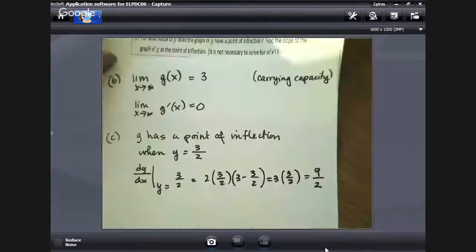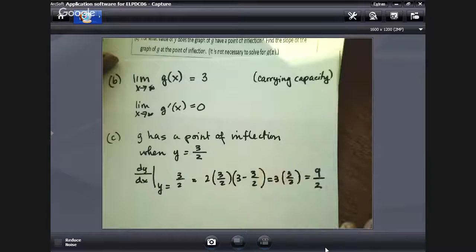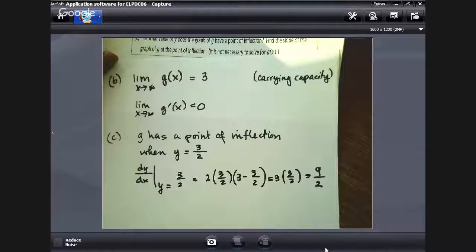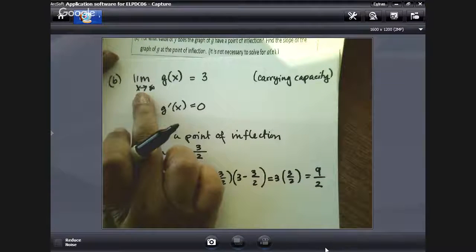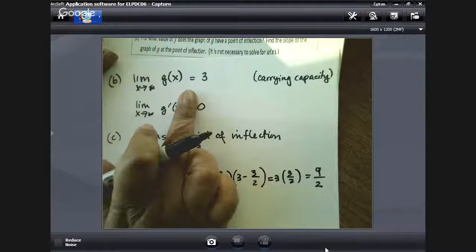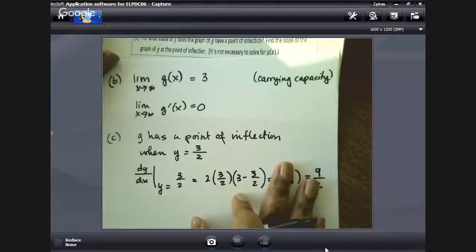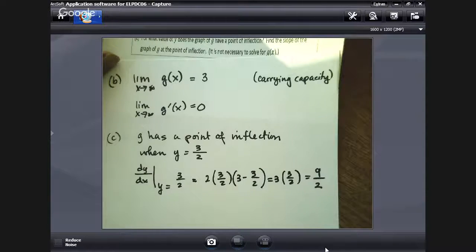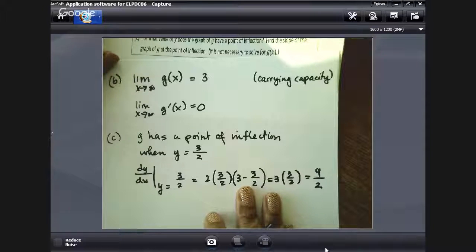So what we're looking at here is these are BC topics, but if you really know the differential equations well, you don't have to do very much work. We know that the limit as x approaches infinity of g of x, because in our slope field for the logistic growth equation, we had a horizontal asymptote at the carrying capacity, in this case, when y is 3.